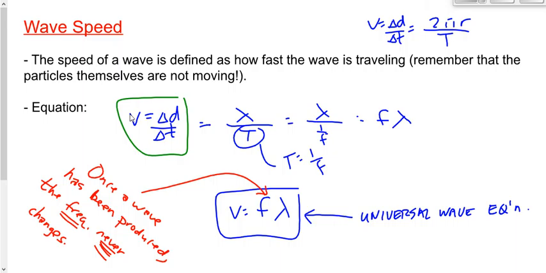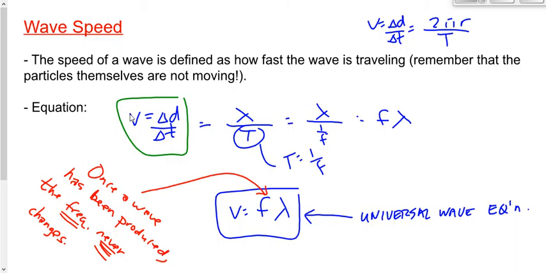The speed can change. When water goes from a deep depth to a shallow depth, it slows down. That's why the wave breaks when the water comes into the shore, because the speed changes as the depth of water changes. When sound goes from air into water, it speeds up. The speed of the wave changes, and so can the wavelength.